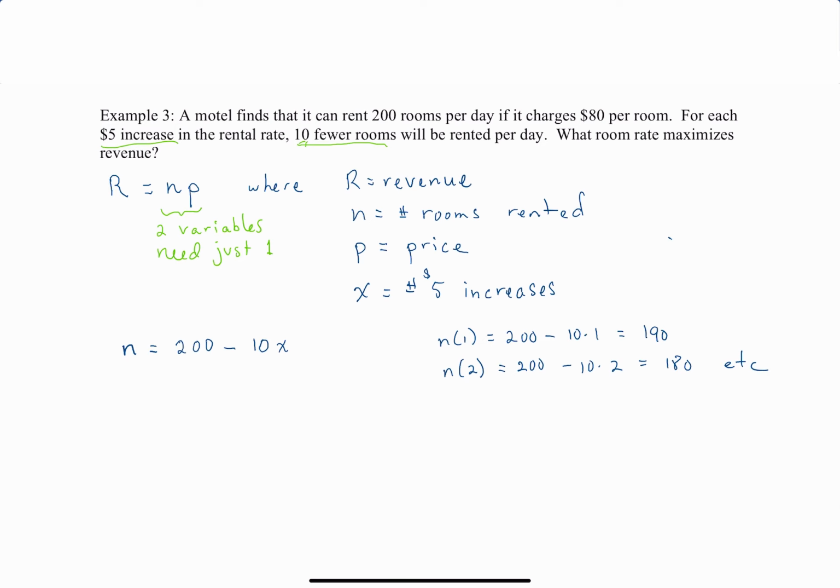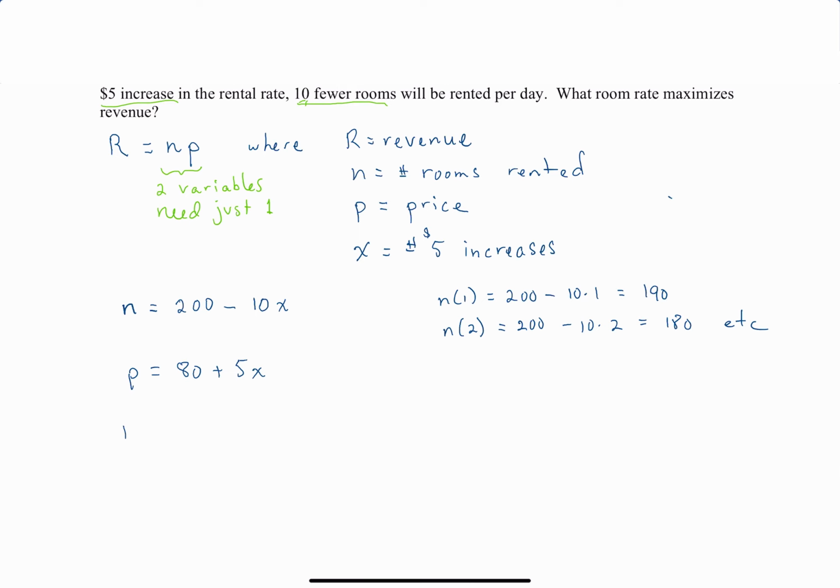Then the price, so the base price here is 80, and we're going to be increasing it by $5 some number of times. So if I put those two expressions into our revenue function, N is 200 minus 10 times the number of price raises, and P, the price, is 80 plus 5 times the number of price raises.